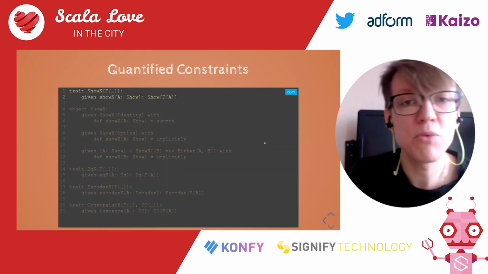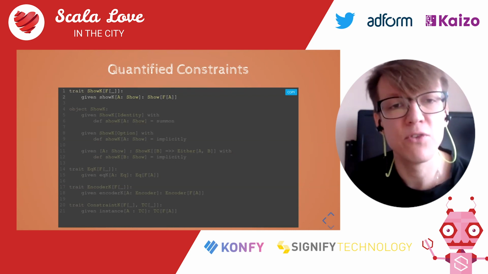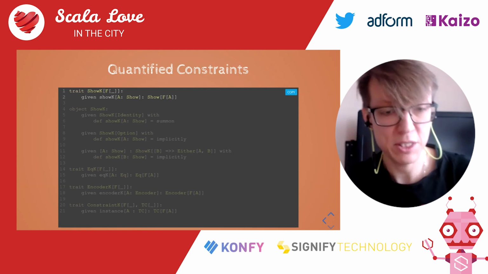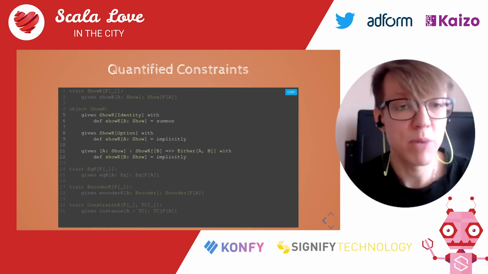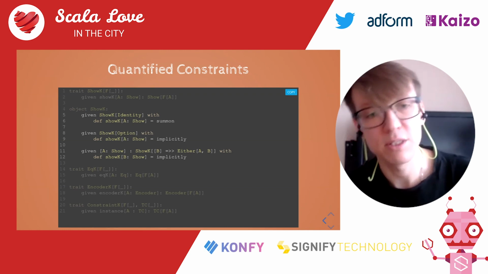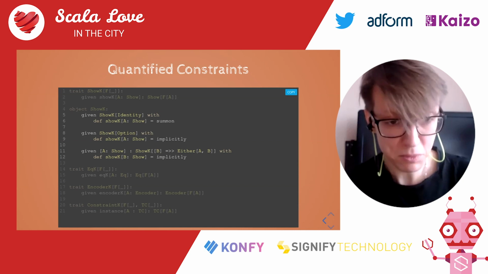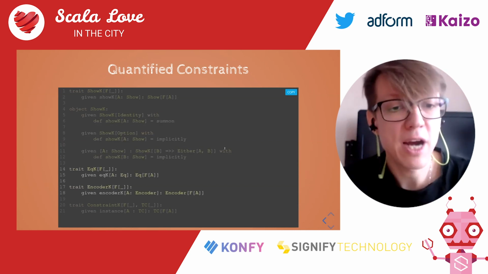Then you will need something called quantified constraints, or quantified versions of type classes. It's really useful. You can write them by hand and use the technique in the library. On the last slide, I will show you. And we can just encode these higher-kinded versions of type classes.